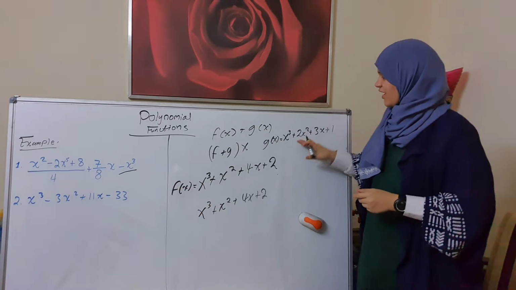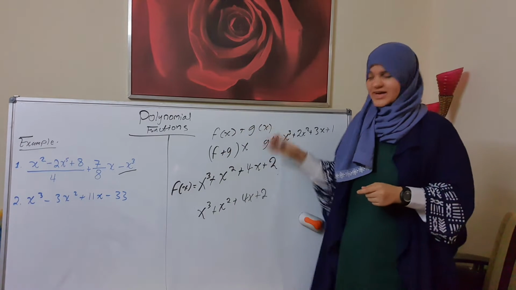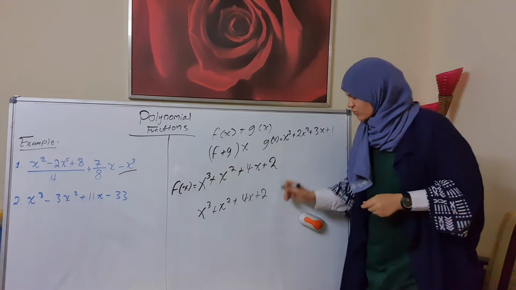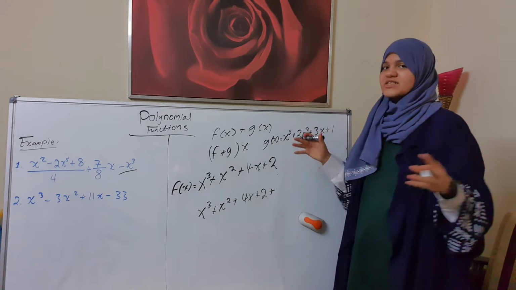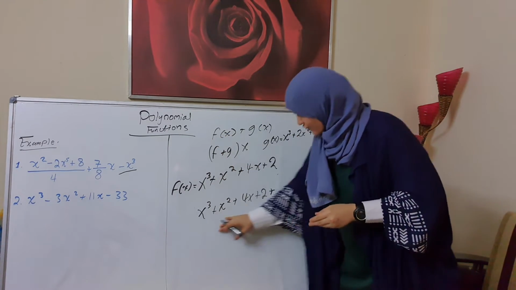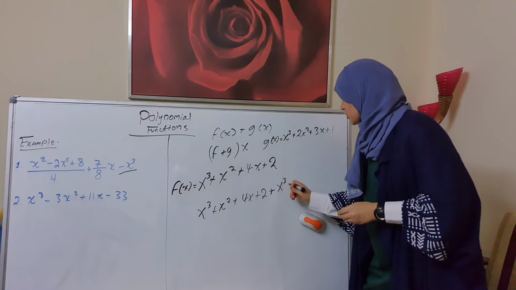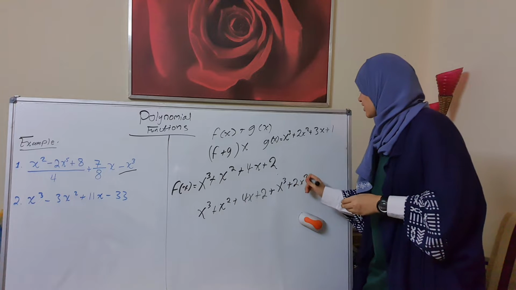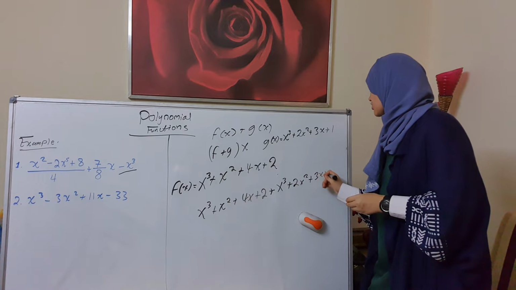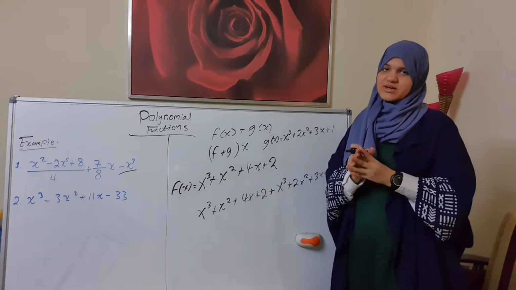But now we have g of x, so f of x plus g of x. So here we'll make a plus because we need to add them together. This is f of x, and g of x is x cubed plus 2x squared plus 3x plus 1, right? Now we'll collect the x's together.